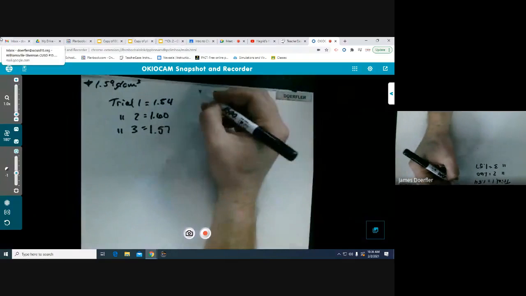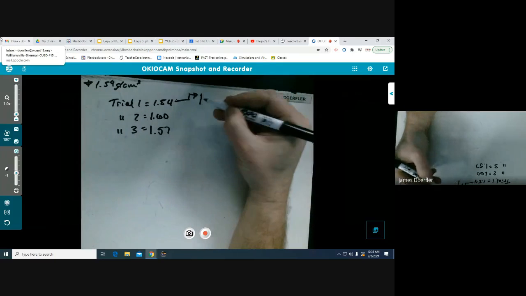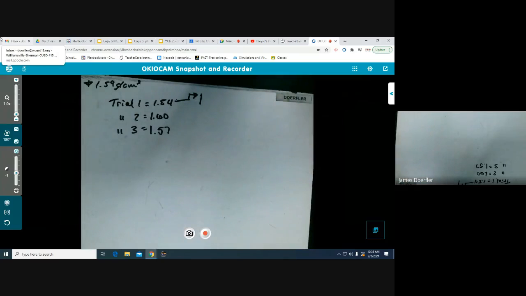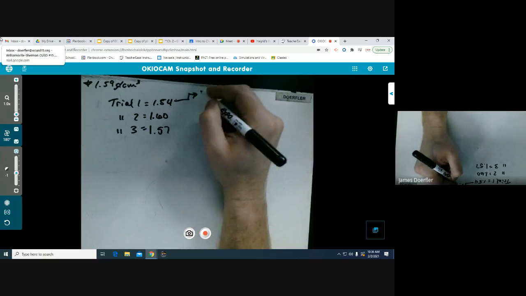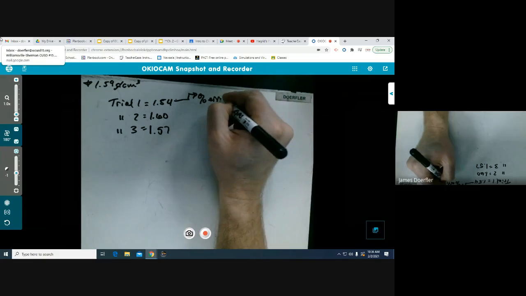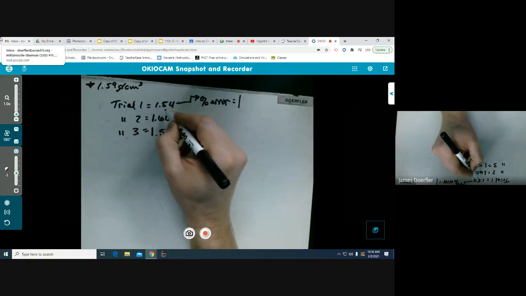So let's look at trial 1. Okay. So again, absolute value. What is our measured value for trial 1? It's 1.54.